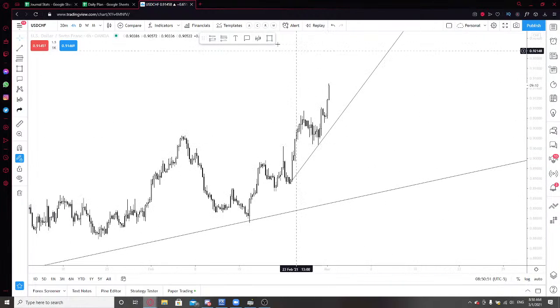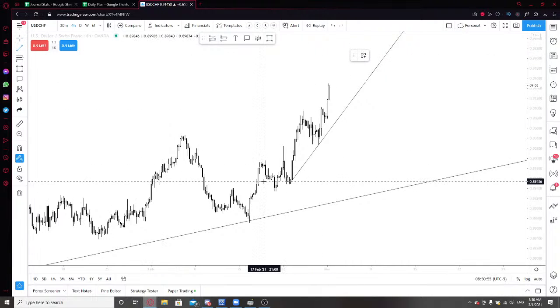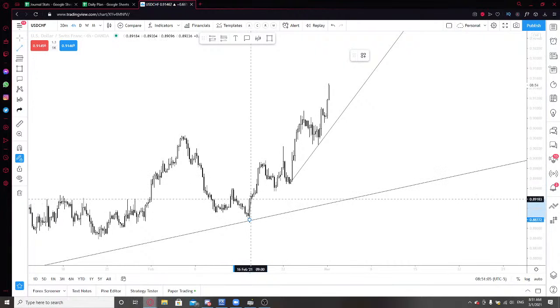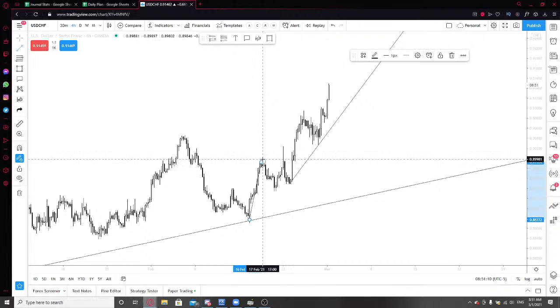Now right here is a perfect example for me to go deeper into what I mean by impulses and corrections, or how to view them, if you didn't really catch on to it at the beginning. You can see starting here, there's strong aggressive candles moving in the impulsive direction, just moving up. And then after that, we have basically consolidating candles.